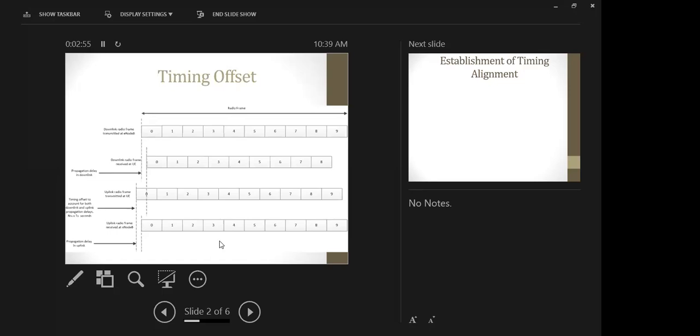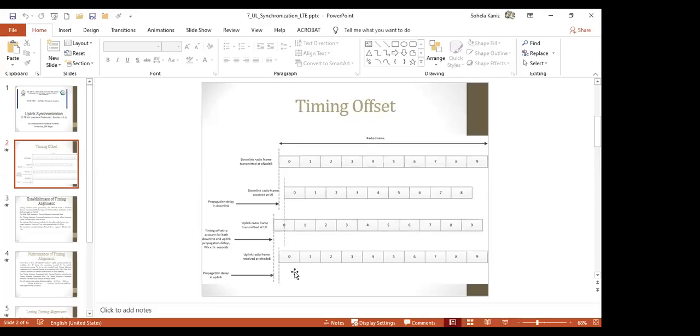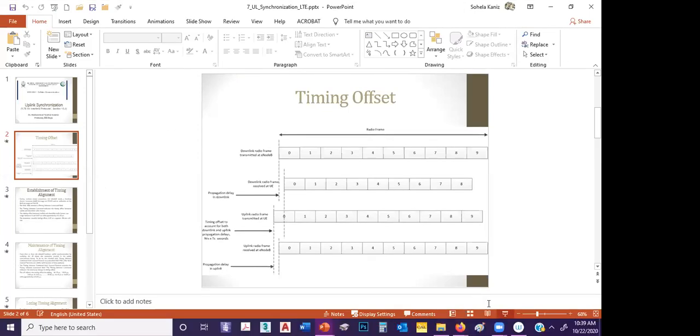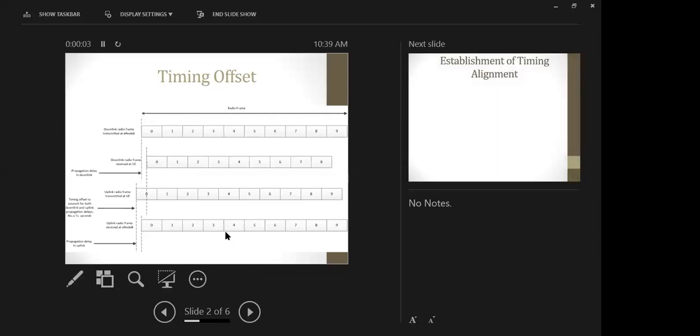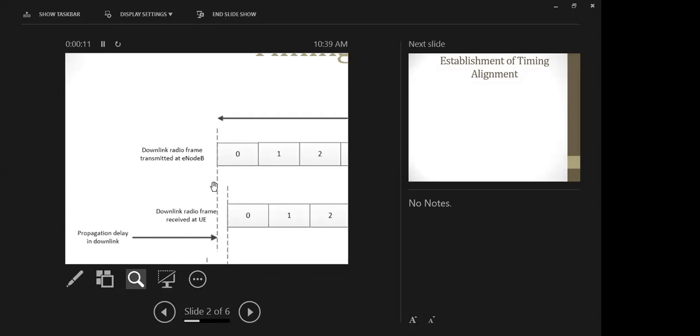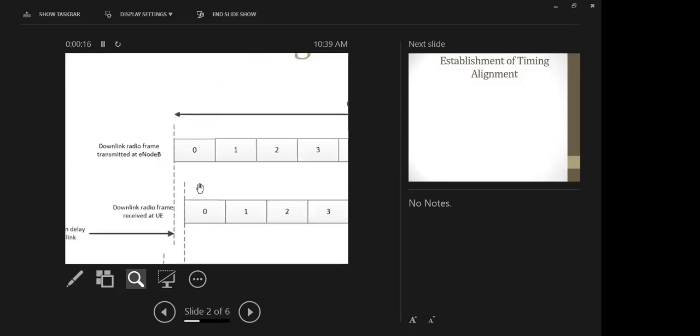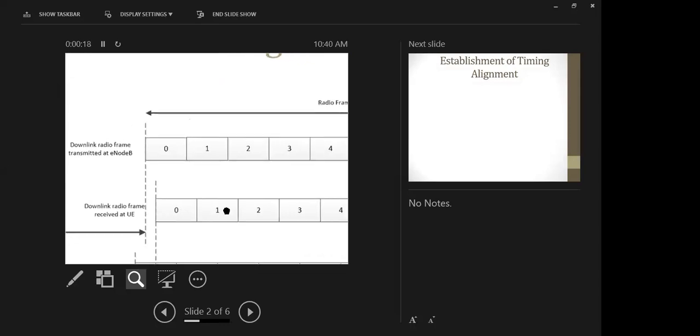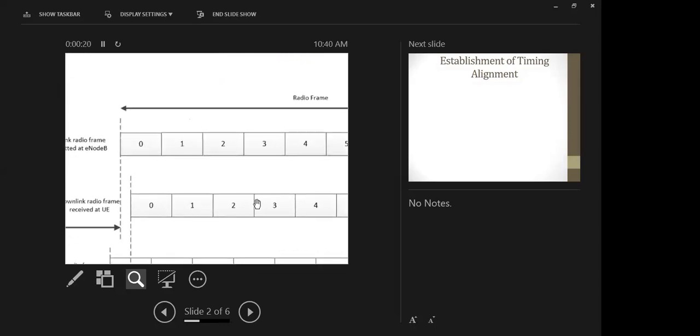I'm already in the slideshow, so I don't think I can zoom in the slideshow. Then you can't zoom in a slideshow, but you can zoom in manually. Yeah, now you can read, right? Yes, and now it is readable, sir. Okay.